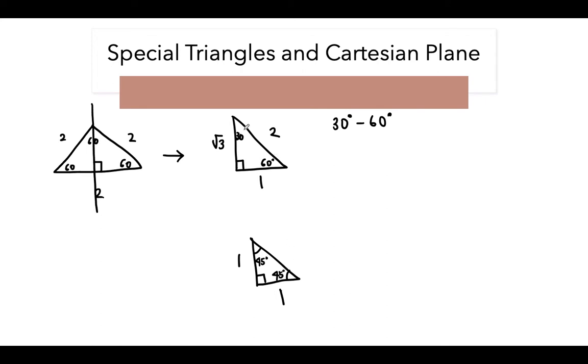It makes sense. If the angles are the same, that means the lengths are going to be the same. They're proportional. Using Pythagorean theorem, this length, the hypotenuse, is going to be square root 2. So the other special triangle involves 45 degrees.